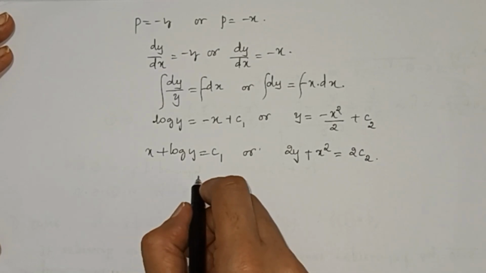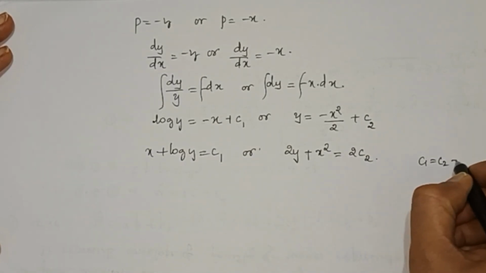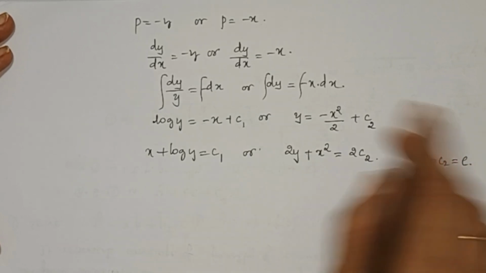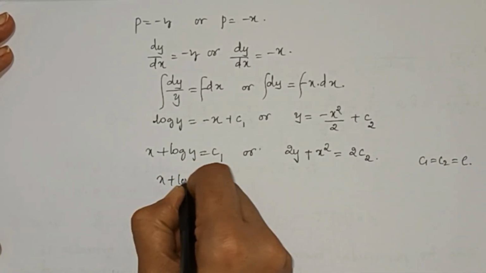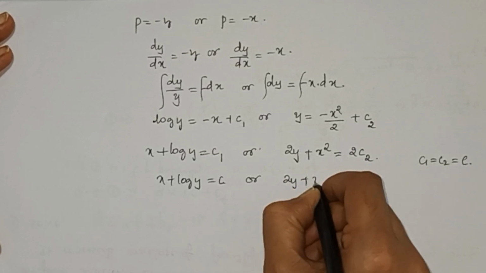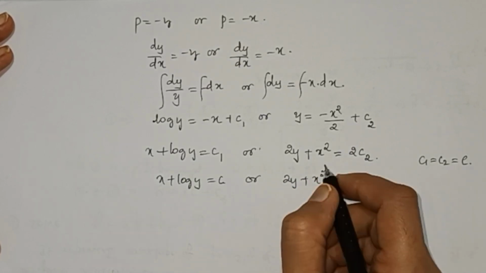So I can take c1 and 2c2 as a new constant C. So x plus log y equal to C, or 2y plus x square equal to C.